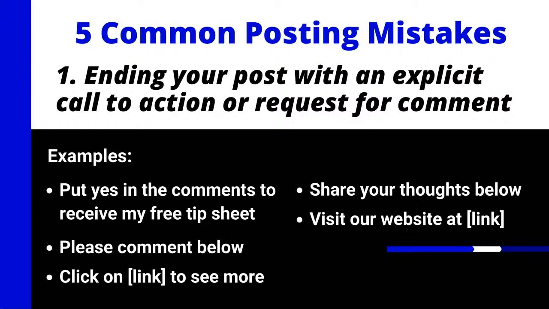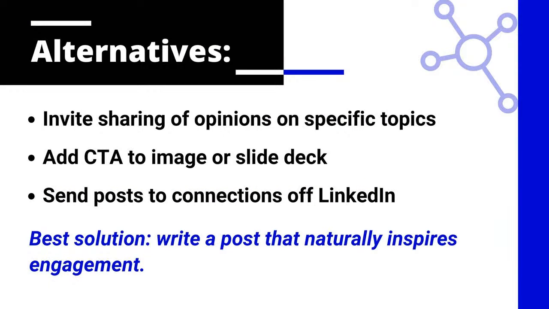So what are the alternatives if we're not allowed to use the things that we've been using all along? Well, we want people to comment on our posts, of course, because that's the holy grail of posting. But how do we go about this without using those examples that I shared in that previous slide? Well, in my opinion, the best way is to write a post that people naturally engage on.